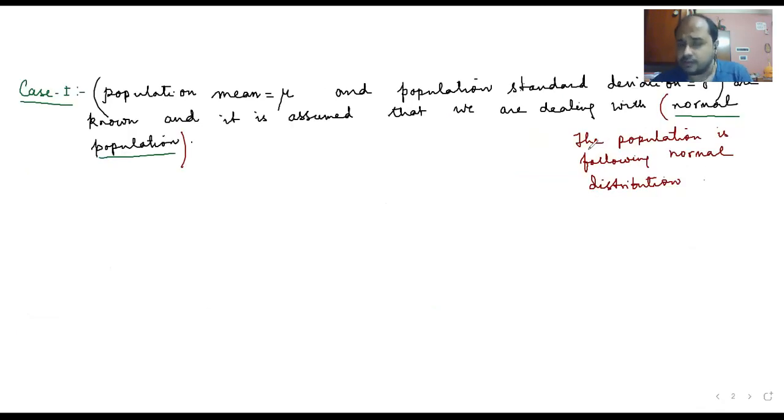Often we see these graphs in newspapers and TV channels. So if a population is following normal distribution, then that population is called a normal population. Normal distribution is a type of continuous probability distribution.